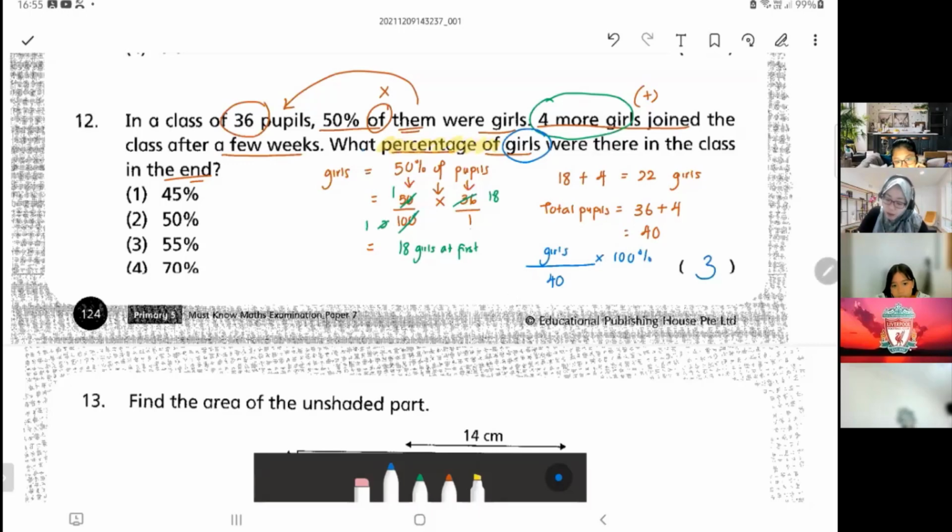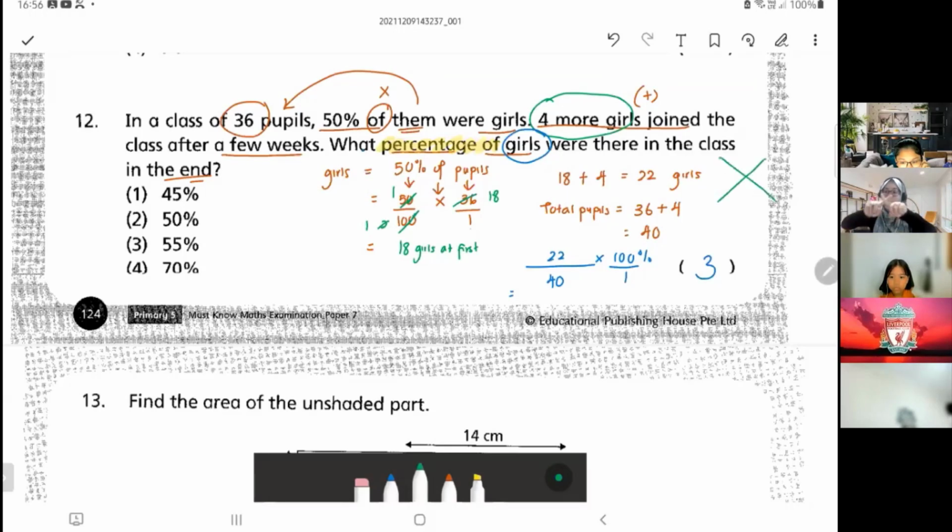So I know the girls is 22, so this is over 1, like that. So 22 over 40, what you can do is simplify. Always try to simplify. And how do we simplify fractions? When you multiply fractions, look crosswise first.